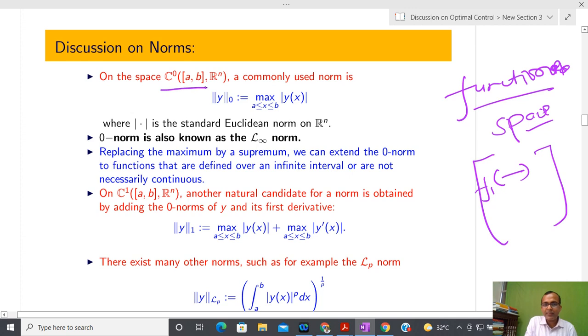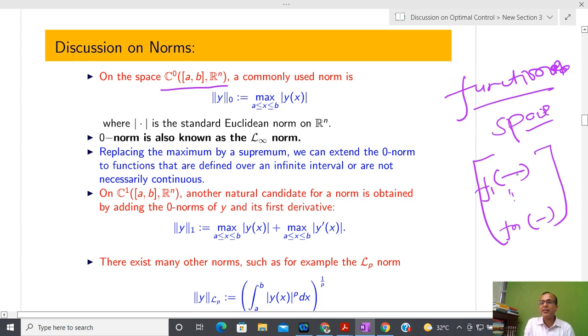So you can see here, C0 means I am just assuming that this function is continuous. I am not assuming it is continuously differentiable, just the continuity condition. Each element f1 of this function space is continuous and takes values from a to b.